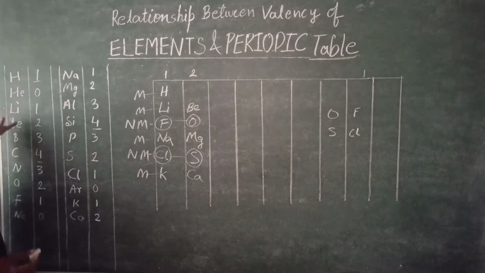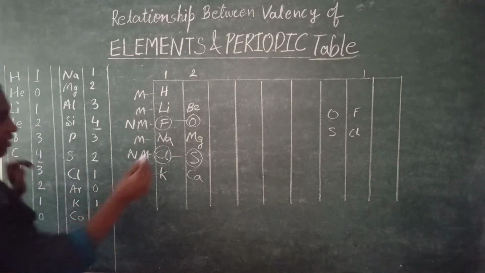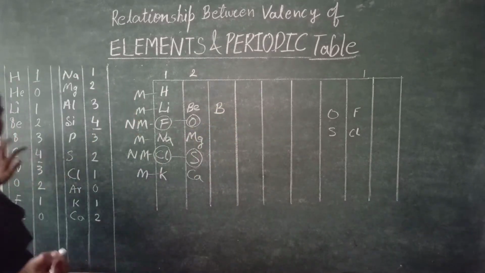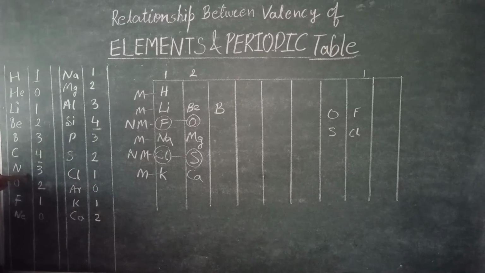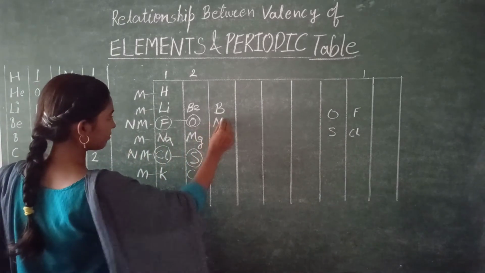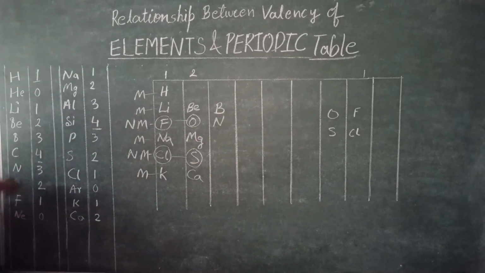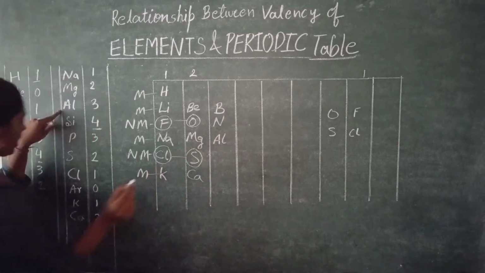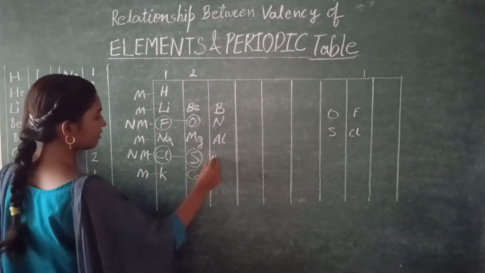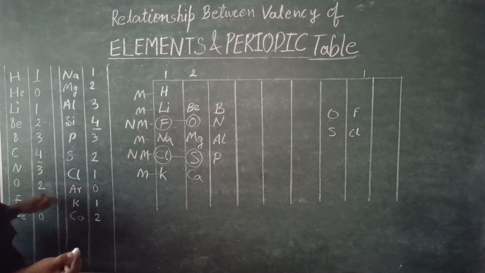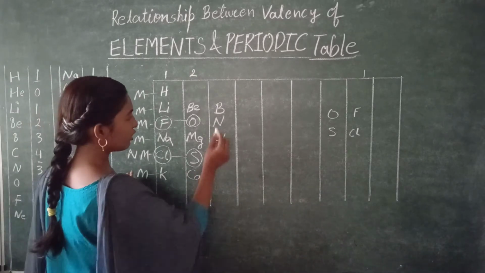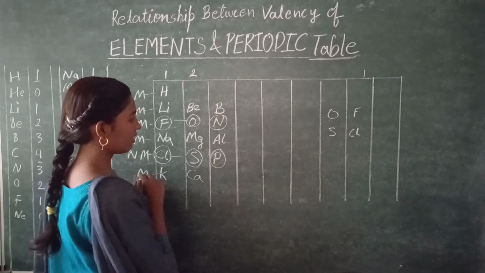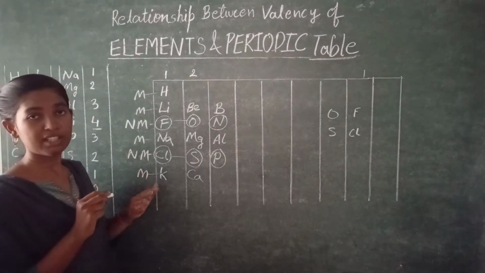Again arrange valency 3. One is of boron, and then of nitrogen, and then of aluminium, and then phosphorus, and then no other. So here again this nitrogen and phosphorus are non-metals.